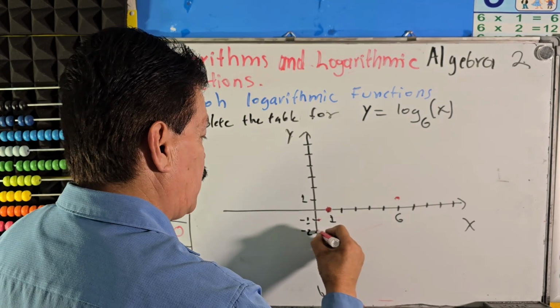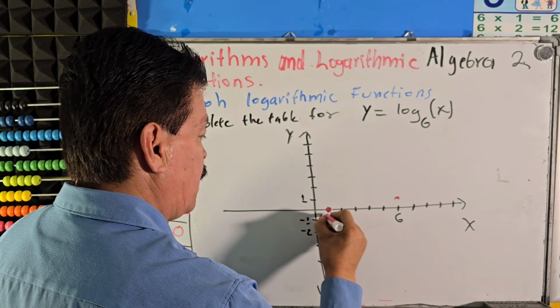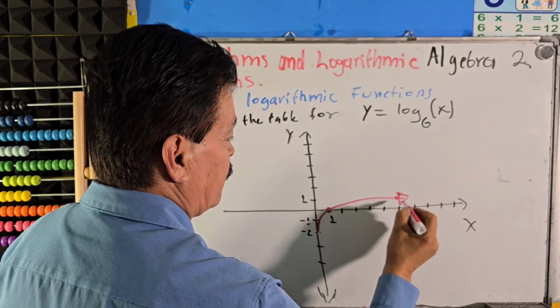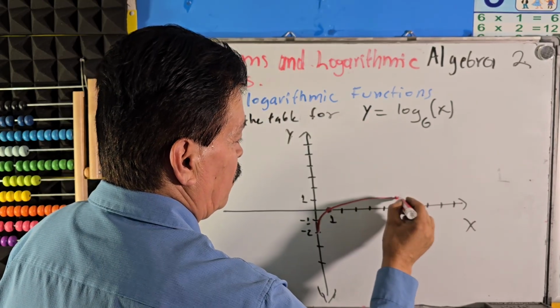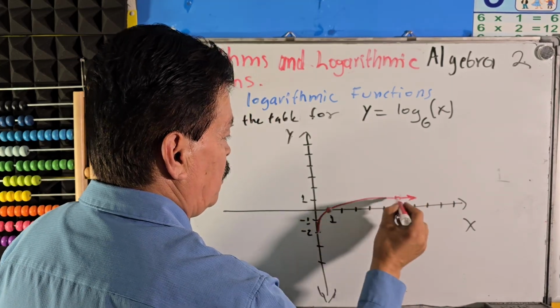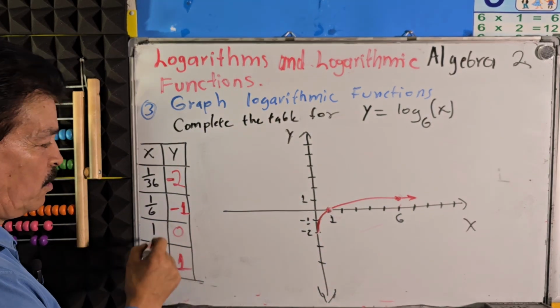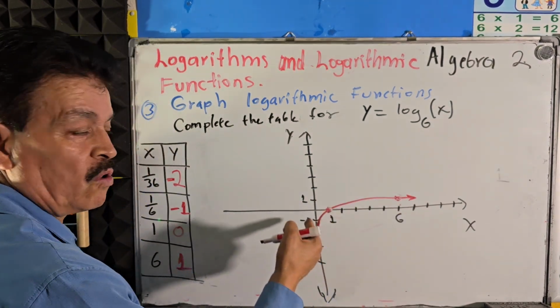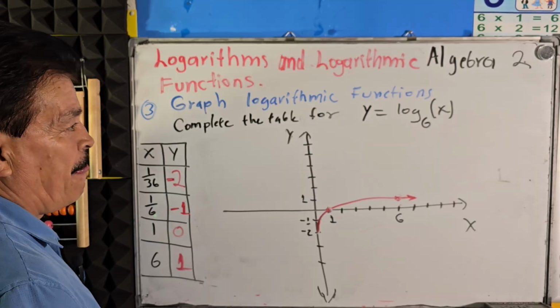See? So our graph is running something like this. Let me go longer here. These 2 points are very clear, very specific. The other one is very close to the y-axis. Okay, that's it.